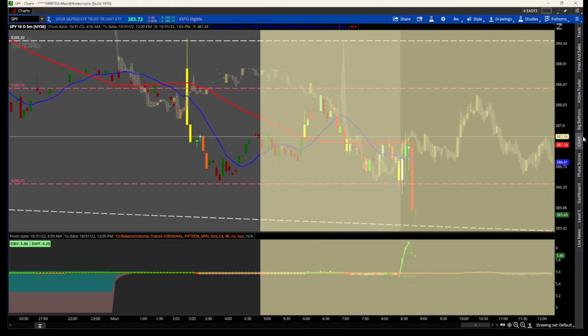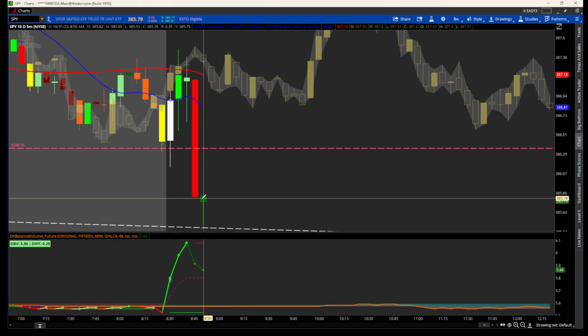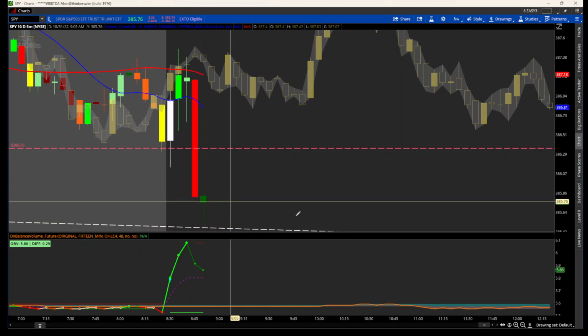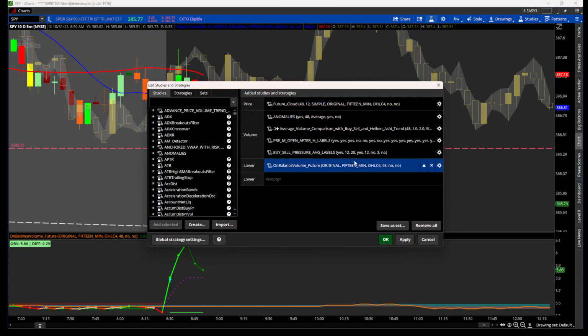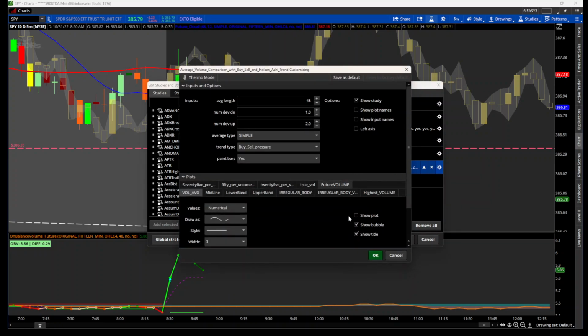And right now, you can see how on a 48 period basis, this candle right here is below 25% of the highest candle. So let me go ahead and show you what I mean by that. This is the volume comparison indicator, average volume comparison. I was calling it the highest volume average, but it was actually a comparison of the highest volume candle.